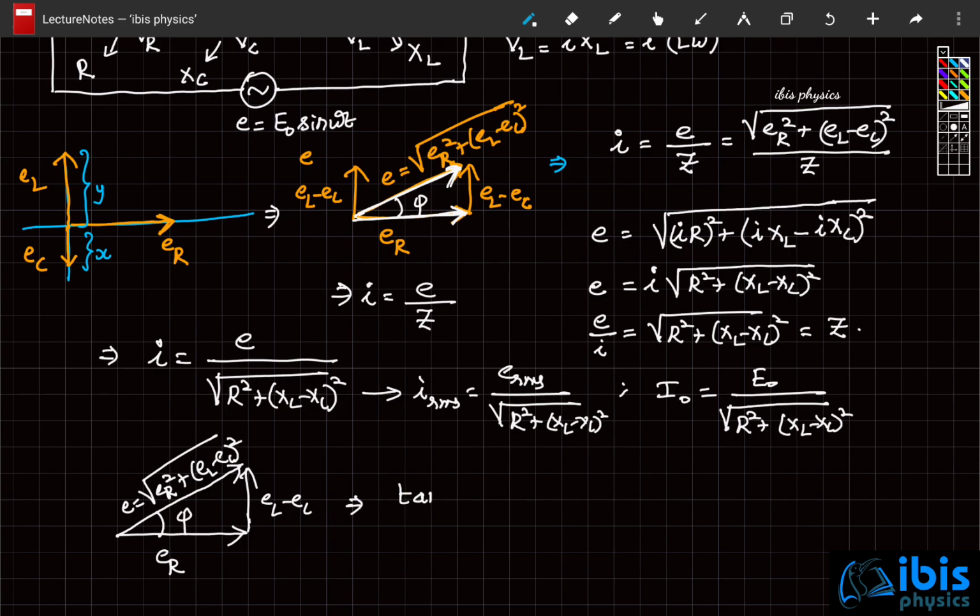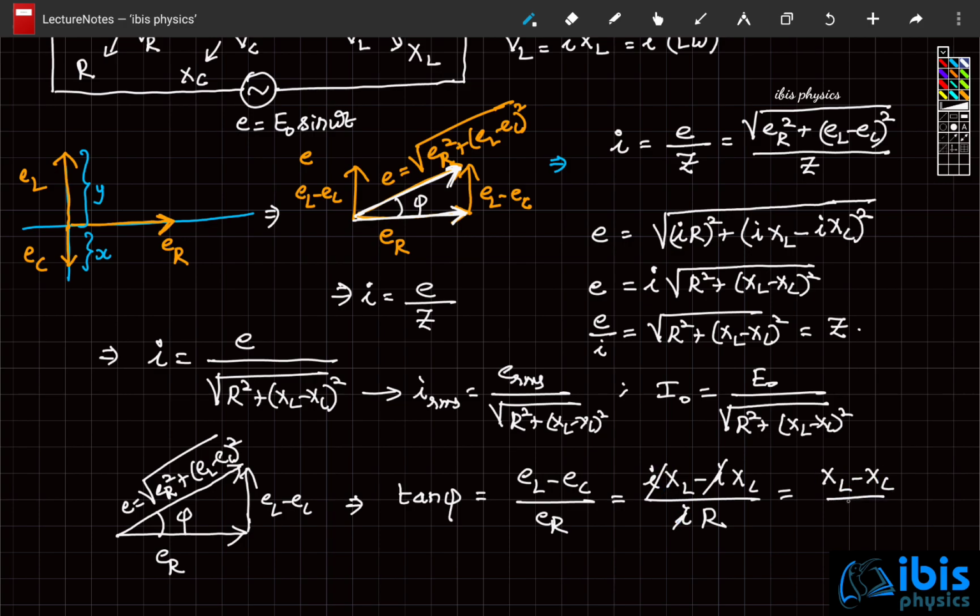What about tan phi? Usually the angle can be easily found using tan because it is an increasing function. So tan phi is opposite side by adjacent side, so EL minus EC divided by ER. So I into XL minus I into XC divided by I into R, which means all the I's will be cancelled.